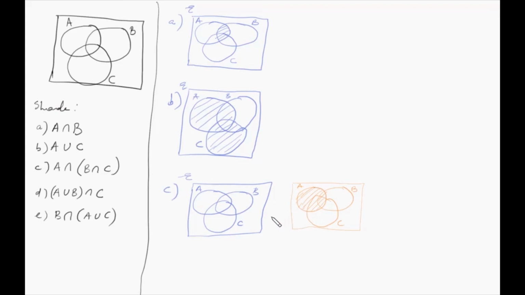Okay. Then B intersect C. B intersect C is here. Okay. So the double shaded region, because it's the intersection, is this region here.